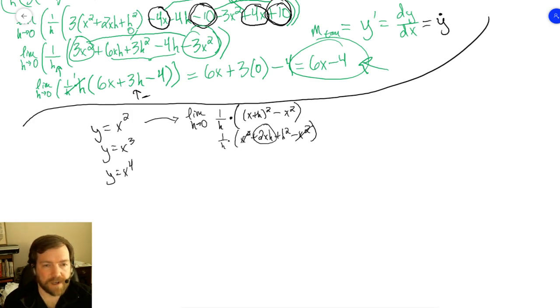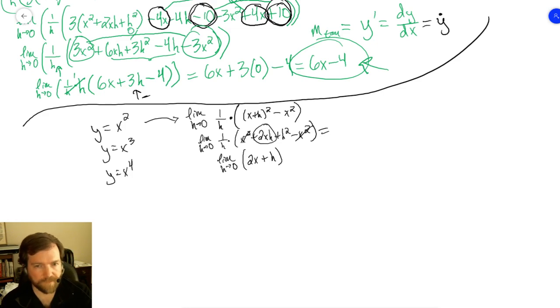So this ends up being the limit as h approaches 0. If you need one more step, that's fine: the limit as h approaches 0 of 2x plus h. When you multiply in the 1 over h, this is just going to be equal to 2x.